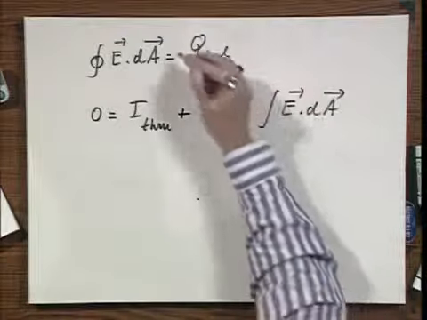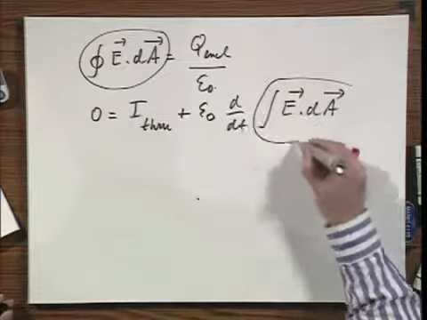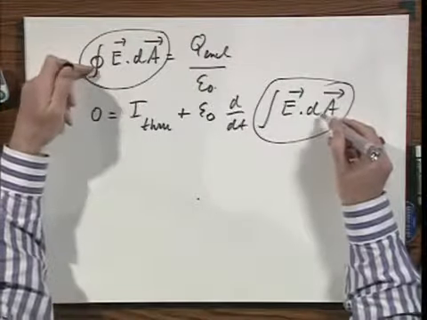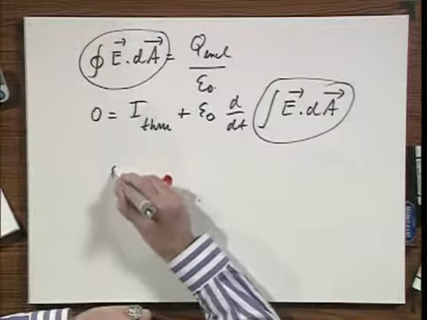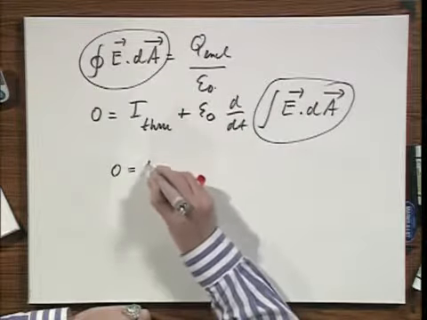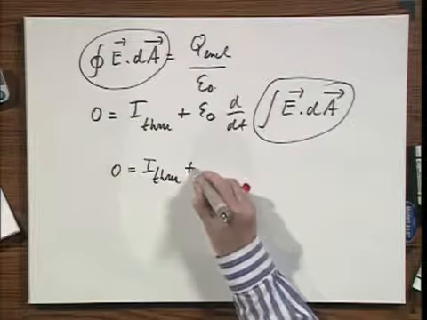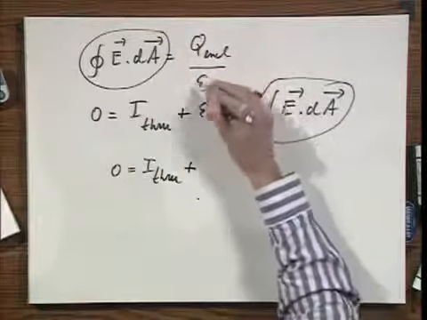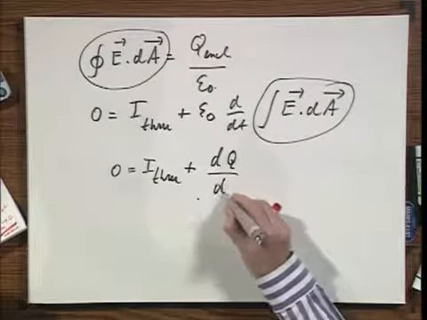Look now that this term, which is a closed surface, and this term, which is an open surface, become the same if you make the loop 0. And so I now find that 0 equals I through plus, I take the derivative, and so this becomes dQ/dt.